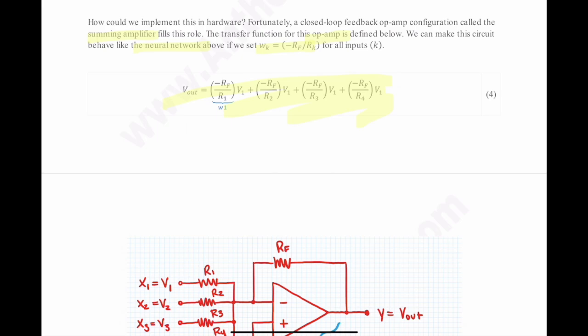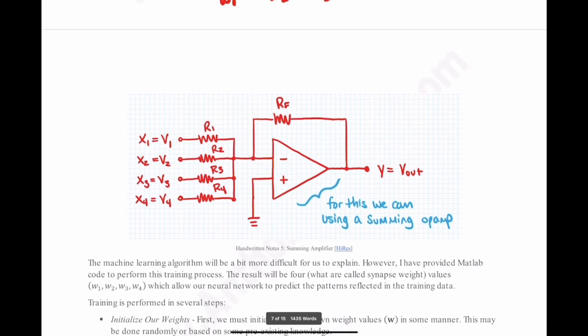We see that we'll need essentially 5 different resistance values. We're going to set it up such that all of them use the same RF value, okay? But they have different R1, R2, R3, and R4 values, and by differing those, we can set up the individual W1, W2, W3, and W4 values. So let's take a look at what that circuit would look like.